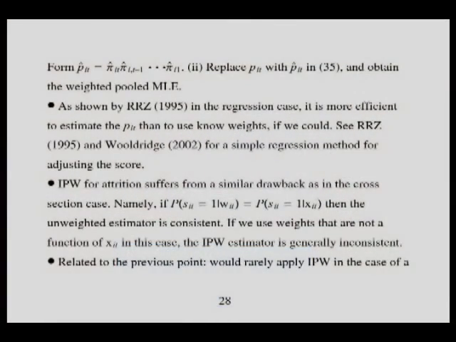It's a strong assumption. Okay, so under this, you can show that, in fact, if you believe this, then the probability at time t is just the product of these conditional probabilities. And so now the procedure is fairly clear. You just run a sequence of logits or probits or something like that, basically throwing everything you can think of into the probit or logit at time t that you observe for everyone at time t minus 1.